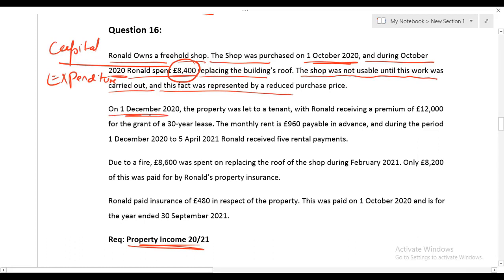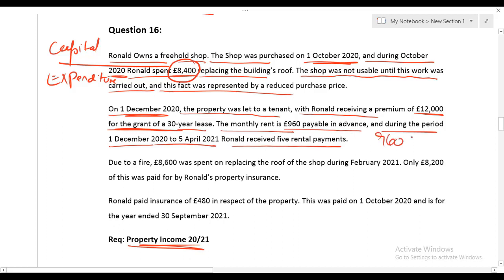In December 2020, the property was let to a tenant, and Ronald received a premium of 12,000 for the grant of a 30-year lease. The monthly rent is 960 payable in advance. During the period 1st December till 5th April 2021, Ronald received 5 rental payments.